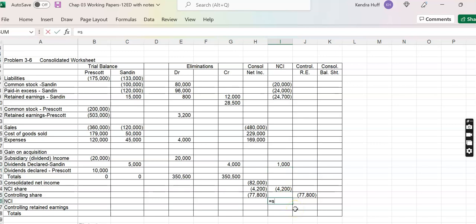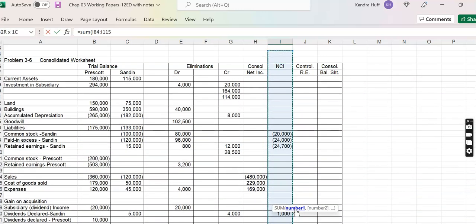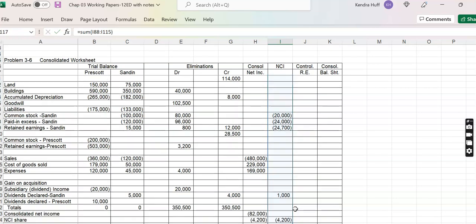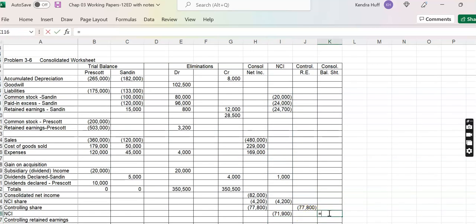Now add this up. So over here to do this retained earnings.